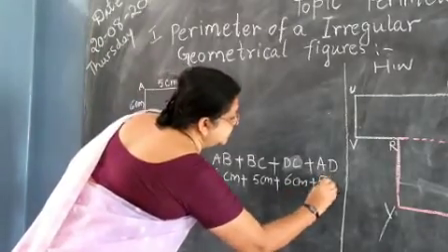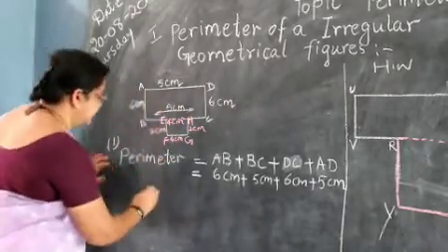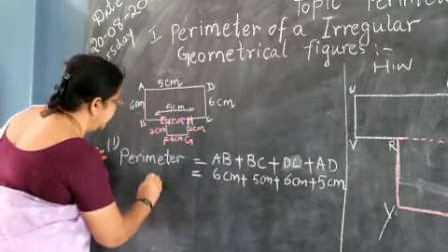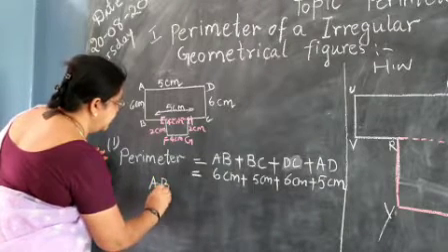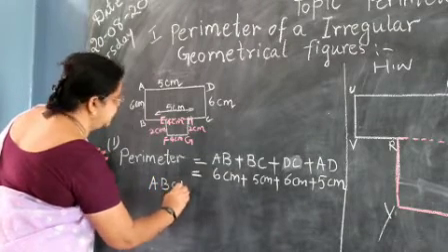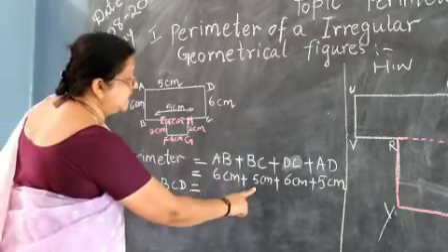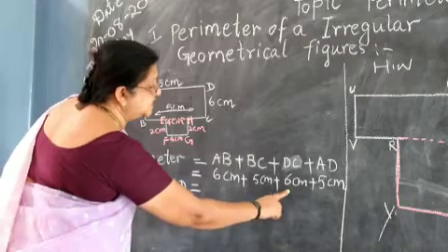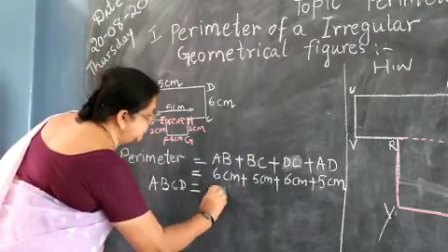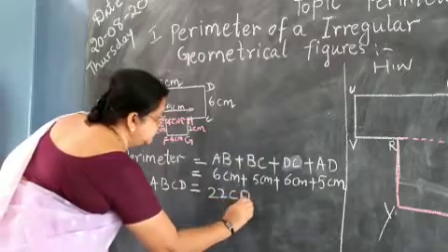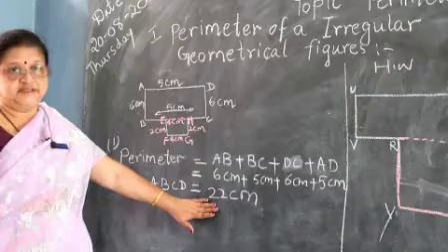Again 5 centimeter. So the perimeter of ABCD is equal to 6 centimeter plus 5 centimeter plus 6 plus 5, you get 22 centimeter. Okay, now you got the first part of it.